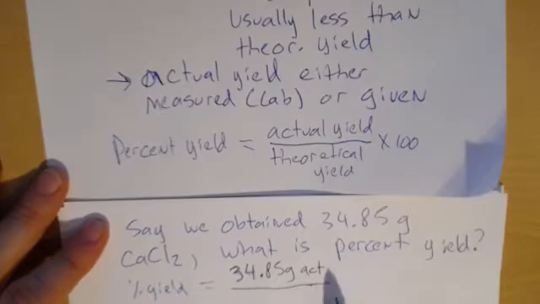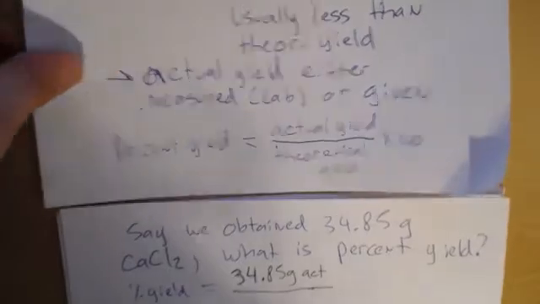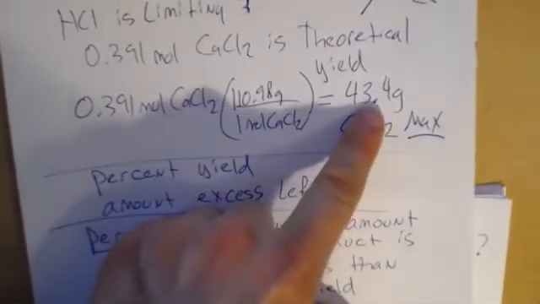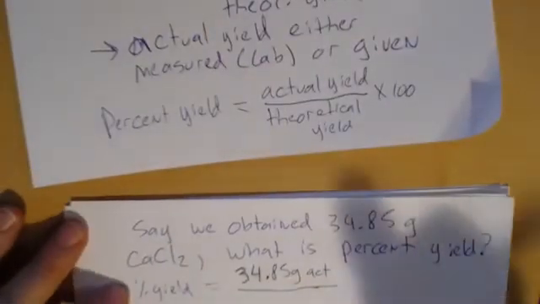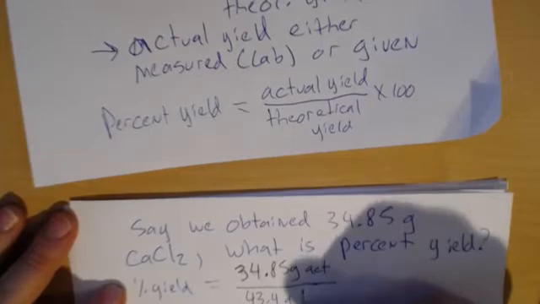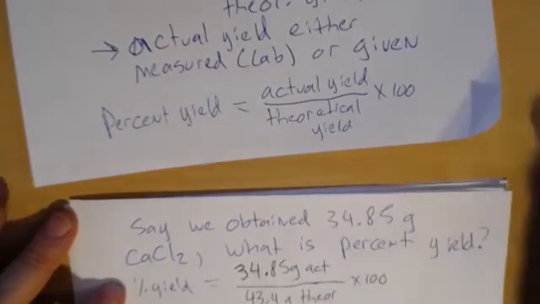So the main thing, you could do moles to moles or grams to grams as long as the units cancel. And we also said, let's go back for a sec, that our theoretical yield was 43.4. So 34.85 divided by 43.4 grams theoretical times 100.